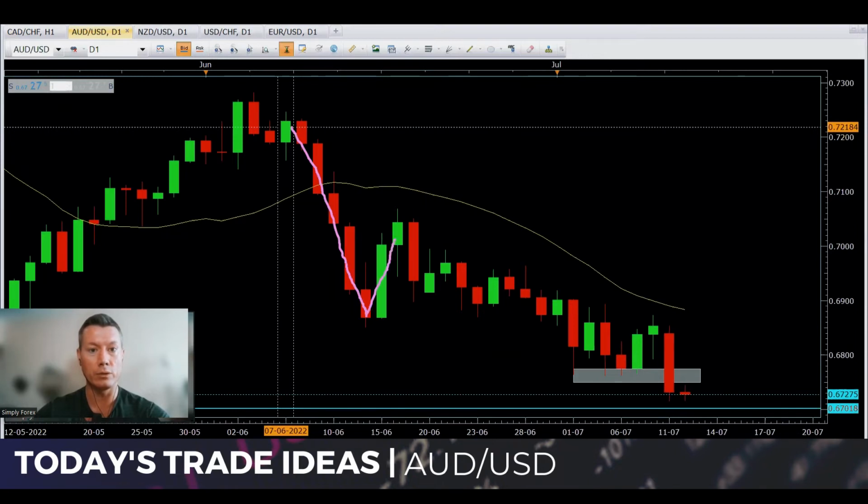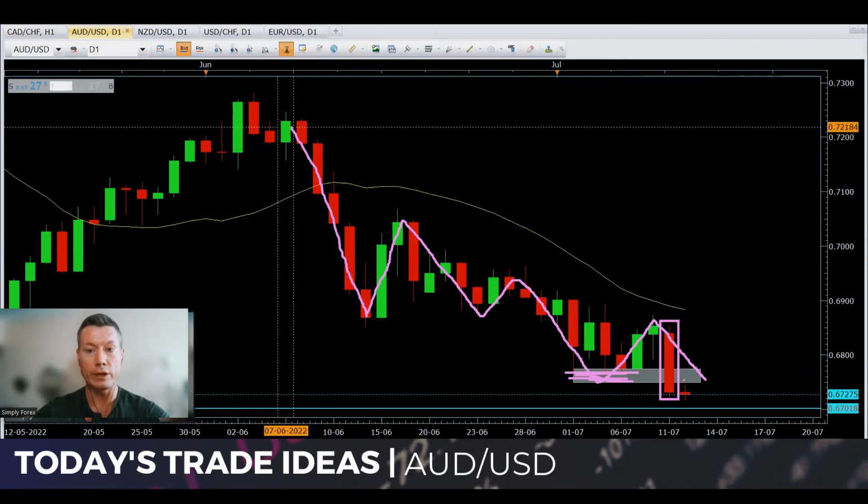Yeah, we got lower lows, lower highs, messed around at these lows, broke these lows. Then we had lower highs, and then it broke these lows here again, with this large bearish candle. So because of this large bearish candle breaking these lows here, we just want to take price lower.